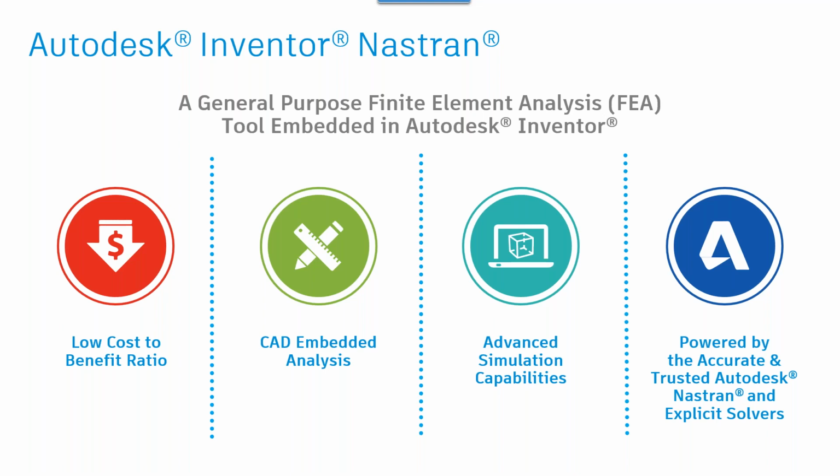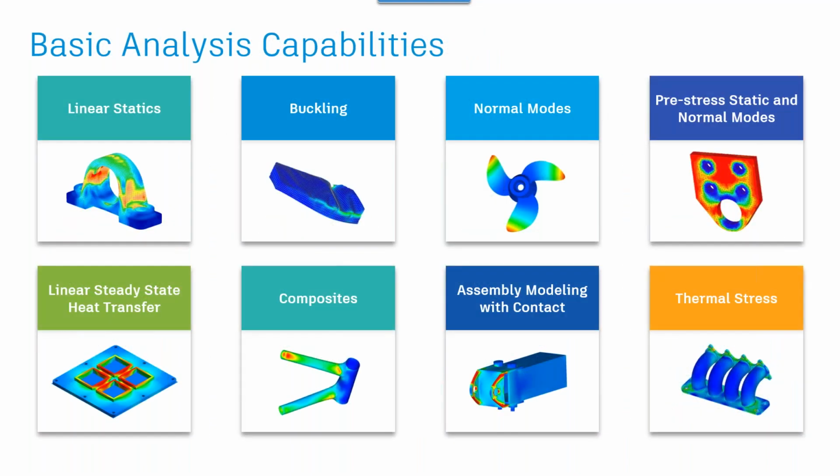And with Autodesk Inventor Nastran, we have a lot of advanced simulation capabilities. I'll talk a little bit more about those in the coming slides. And most importantly, the backend solvers that we use for running this finite element analysis are Nastran and the explicit solvers. These are worldwide trusted simulation solvers available with us.